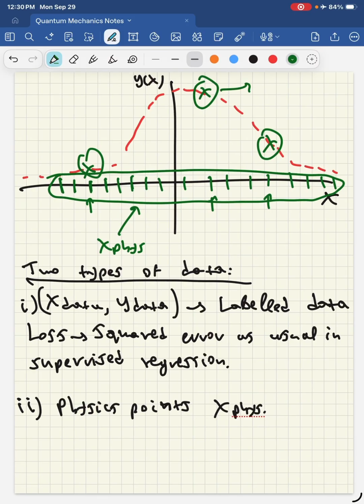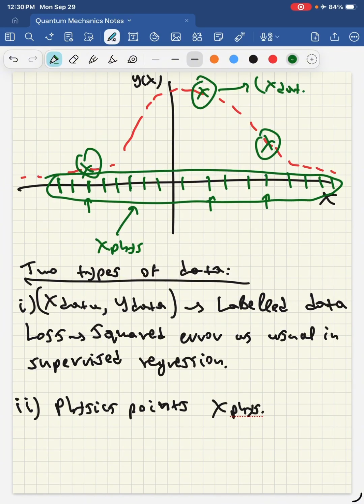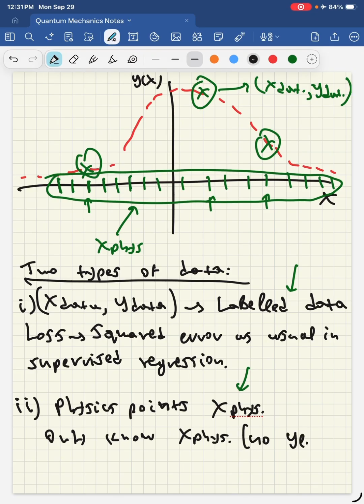And this data with the crosses will be your x data and y data, okay? So this is the supervised part, and this is the physics part, okay? So for the physics part, you only know xphys. Okay, so no y label. You don't know that at all.